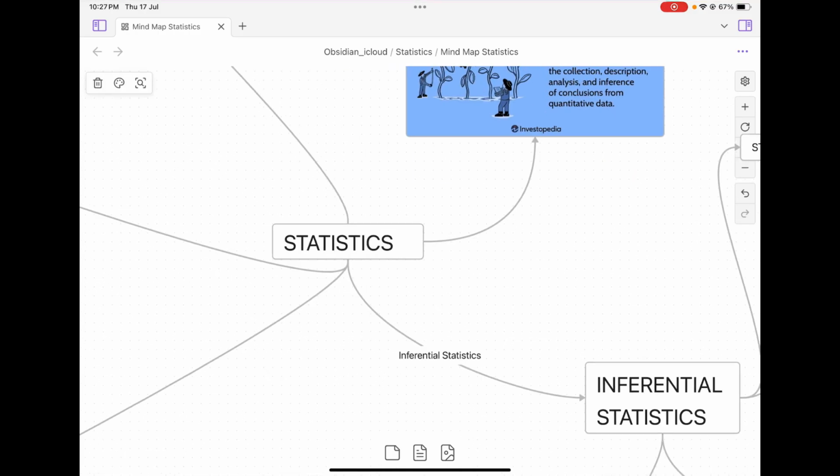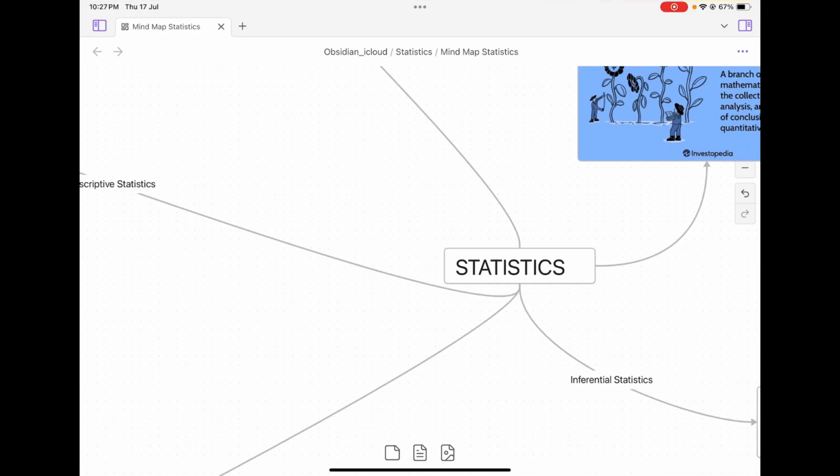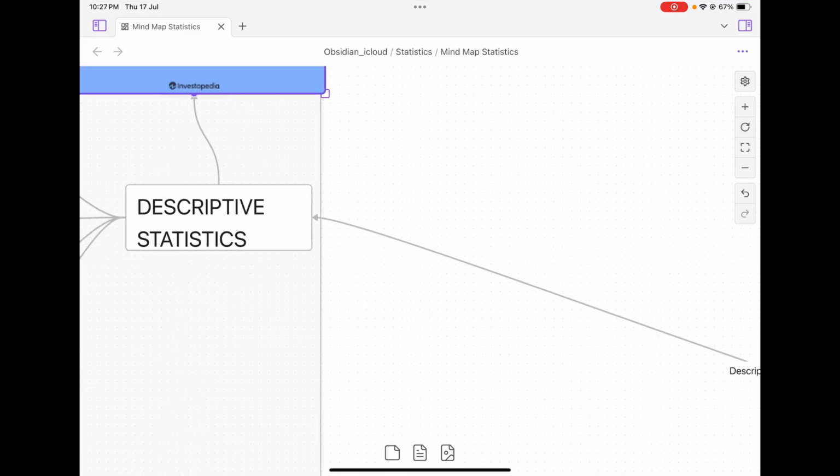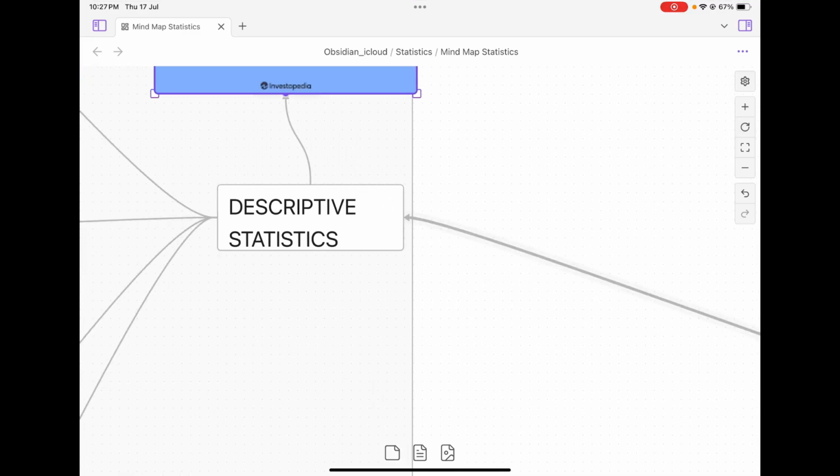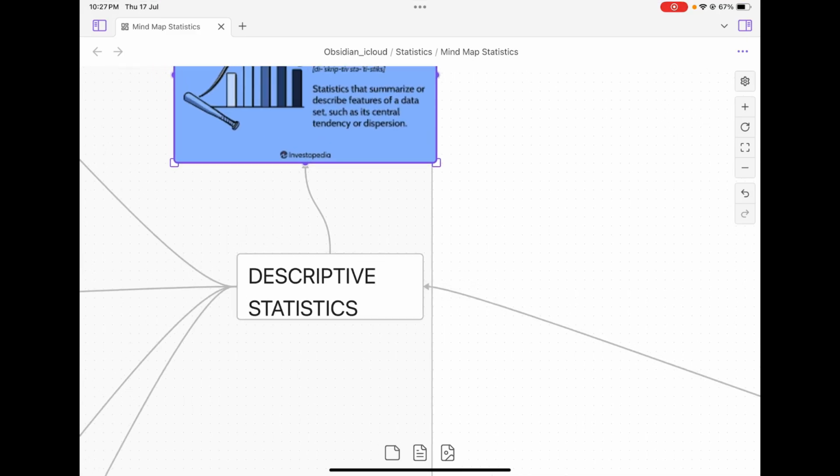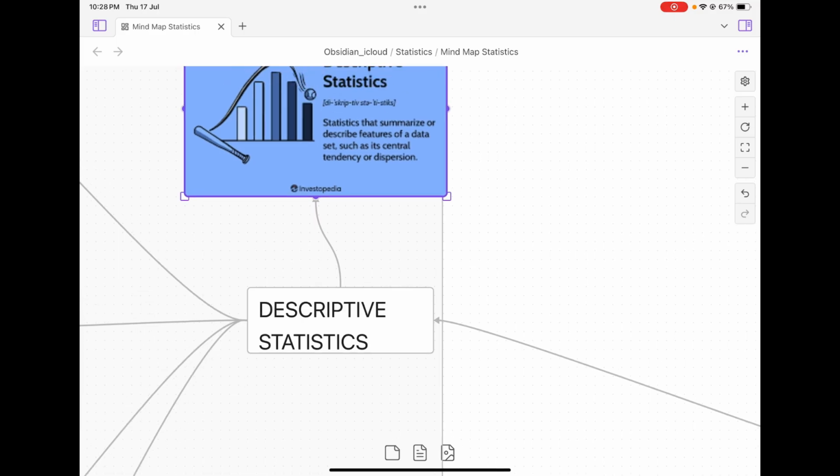In this course we will study both. Descriptive statistics, which we will study in detail in another video, basically summarizes data. That is all about descriptive statistics.